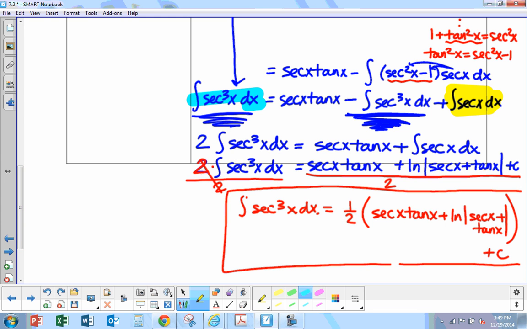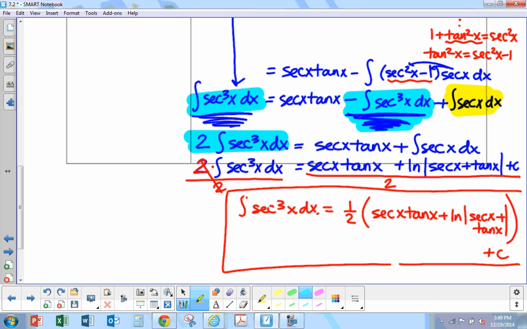So the original problem was on the left, and it started to show up with a different sign, in the sense of plus negative, on the right. So we lumped them together. We added that integral on the right side, we added it back over to the left side so that we had 2 of what we started with. And then once we got everything worked out, it was easy to get rid of the 2. We could just divide both sides by 2.